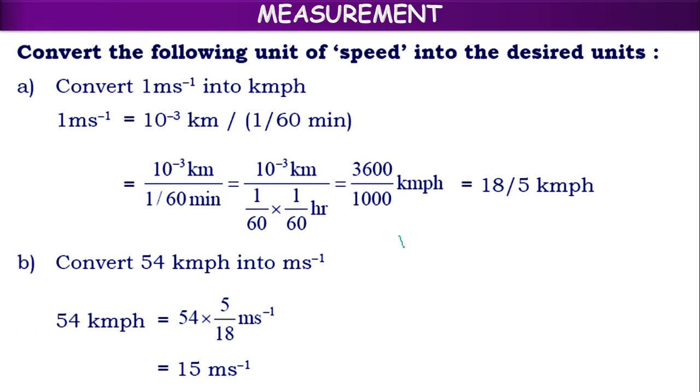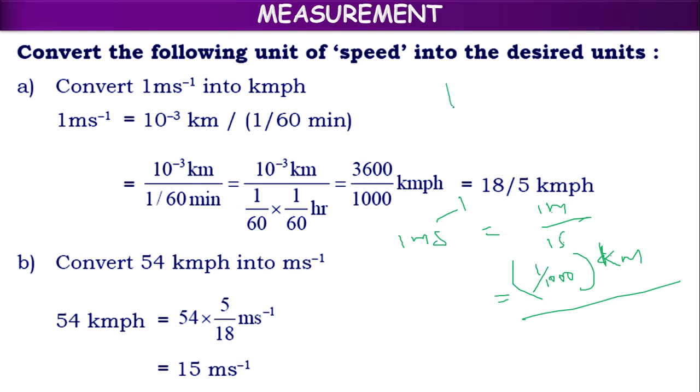Here, children, 1 m s to the power of minus 1 means 1 meter per 1 second. But 1 meter means 1 by 1000 kilometer, by what is 1 second? We know that 1 hour equals 60 minutes, children.